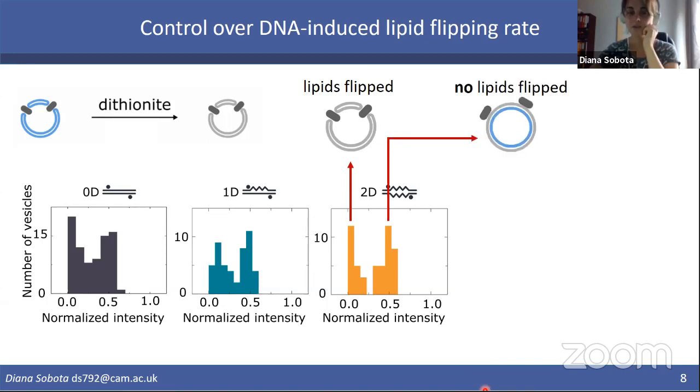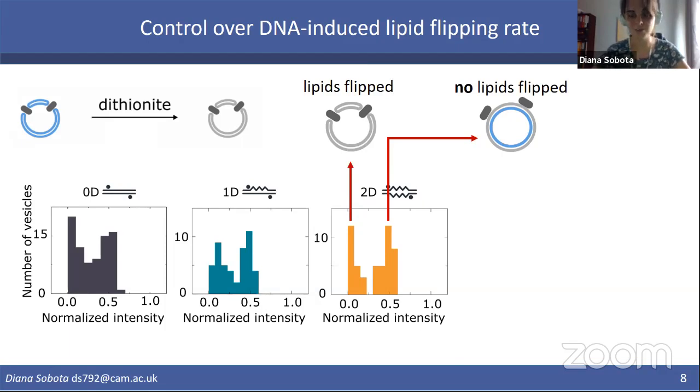But you will see that there is also another peak, quite huge actually, of vesicles that don't seem to have anything happening to them. So these vesicles have their intensity bleached to 50%, which would suggest that there is no pore. And I mention this so strongly because I'm very much fascinated with why this happens.